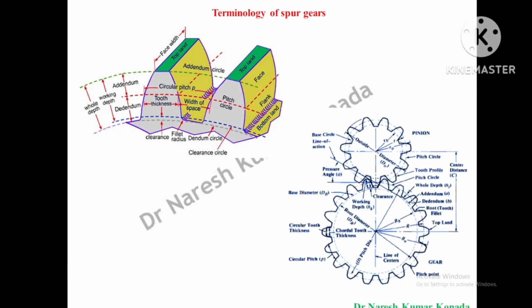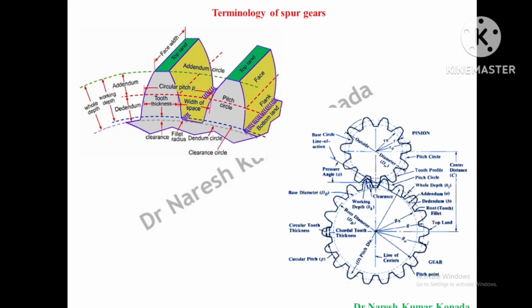And in this figure you can see I have considered the pinion as well as the gear. The power is transmitted from the pinion to the gear, and from the center of the pinion to the center of the gear we call the center distance, and also the pitch circle diameters of the pinion and the gear.